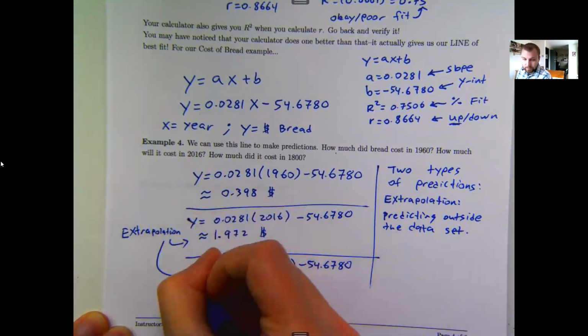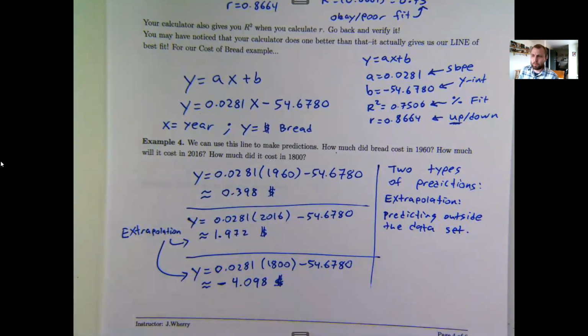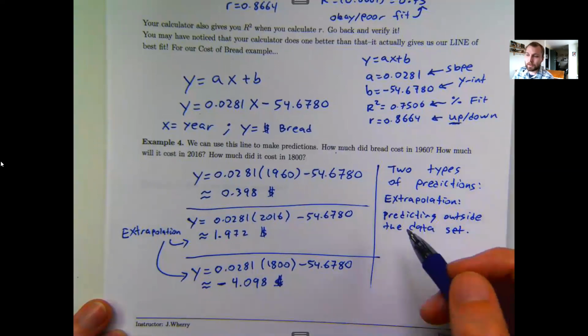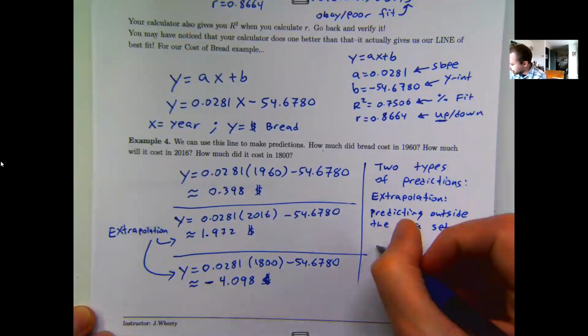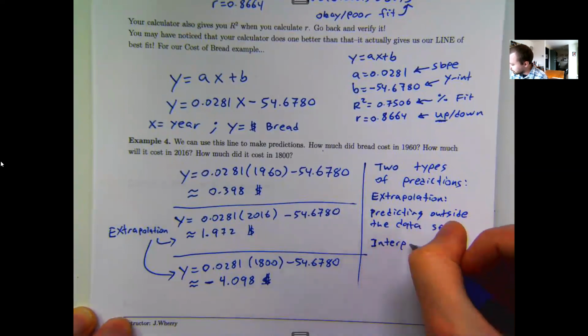While these are more interesting, a bit of a what if, to be like, well, what do you think it was like in 1800? And 2016, it feels like I should be able to make a reasonable prediction about that year given the data set I'm working with. This tends to have a bit more error to it. In fact, your stronger predictions are going to be the ones that happen inside of your data set, and that's interpolation.